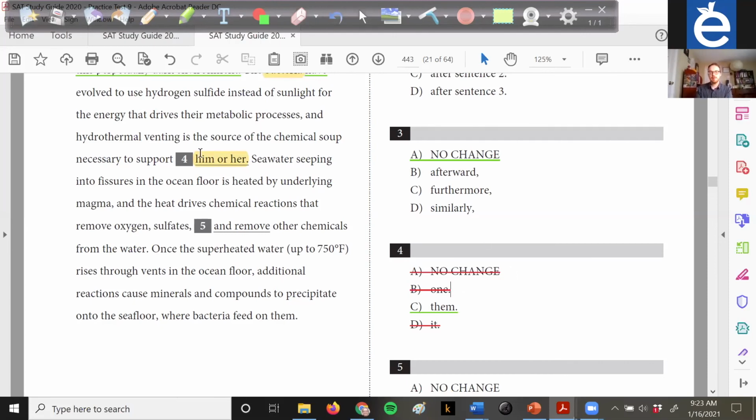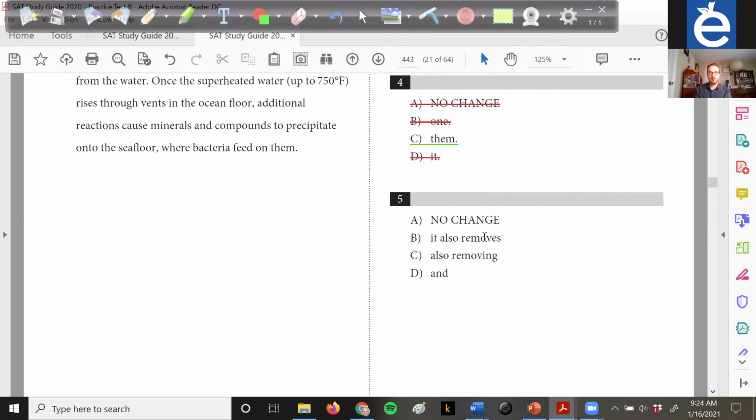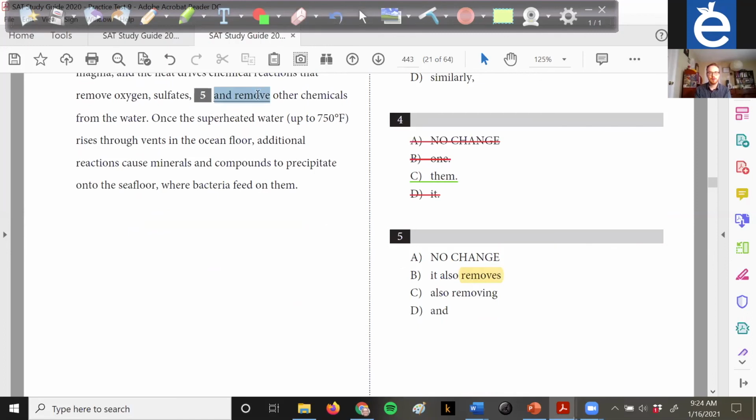Seawater seeping into fissures in the ocean floor is heated by underlying magma, and the heat drives chemical reactions that remove oxygen sulfates and remove other chemicals from the water. Number 5 is giving us some sort of verb tense options to replace "and remove" with: "it also removes" and "also removing."